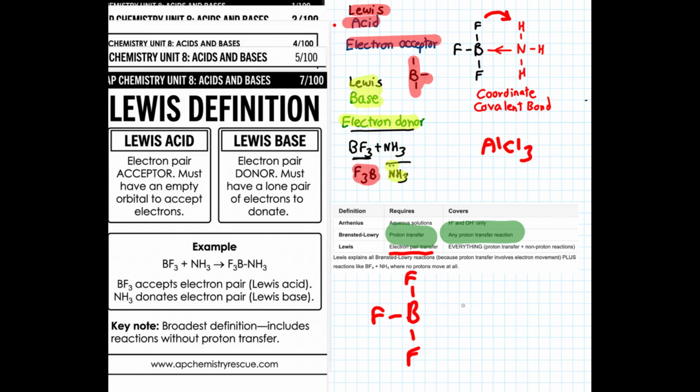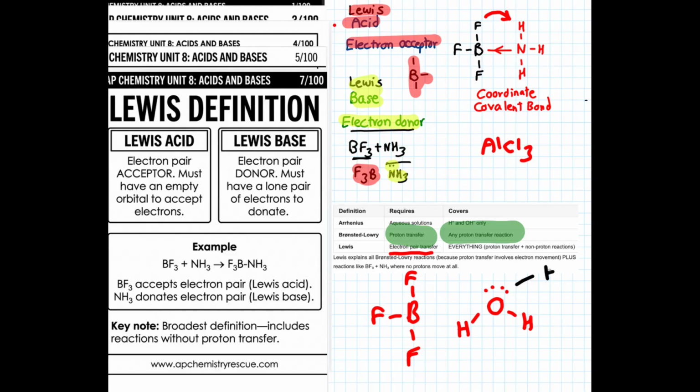A very famous example is actually the hydronium ion. When the water molecule takes a proton, it forms a bond with this proton by a coordinate covalent bond because it uses its lone pair of electrons to make the bond with the proton.